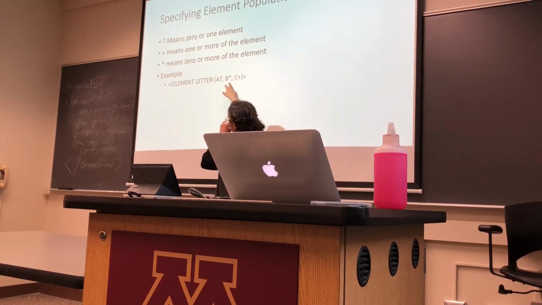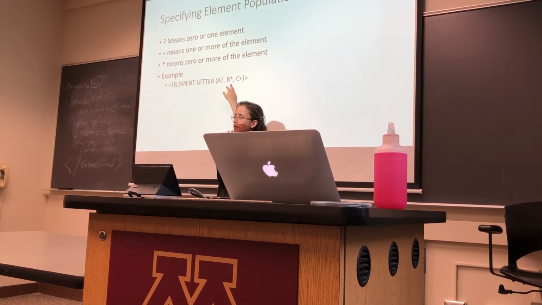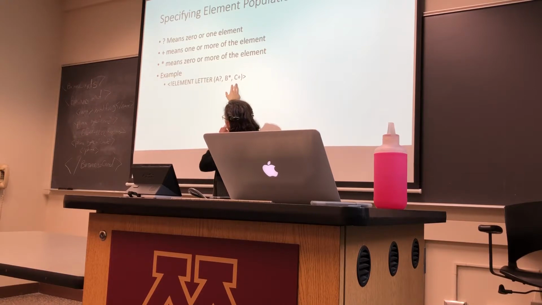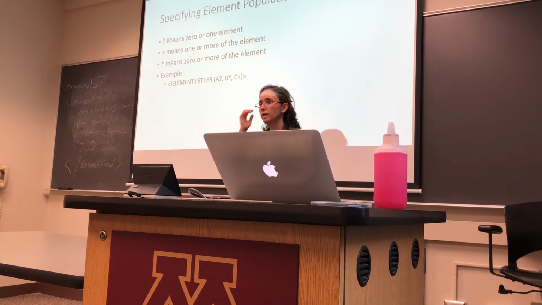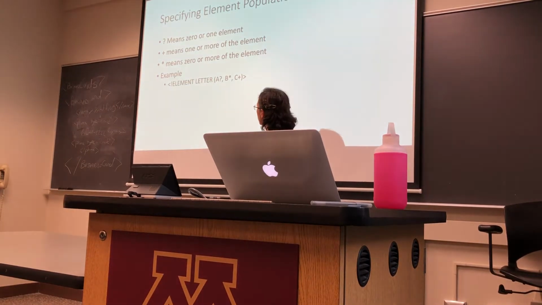If you use the star, it's very much optional: you can have it 0 times, or as many times as you want. The plus means that it can appear at least 1 time, and if it appears any more times, that's fine.